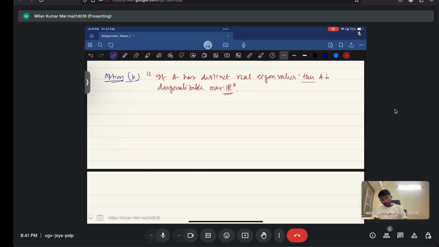Let's take the matrix 0 1, minus 1 0. Let A equal this. Then A minus lambda I is equal to minus lambda 1, minus 1 minus lambda. Then the determinant of A minus lambda I equals lambda square plus 1.